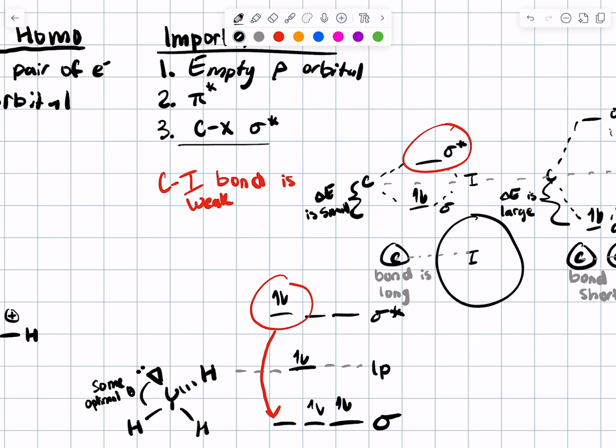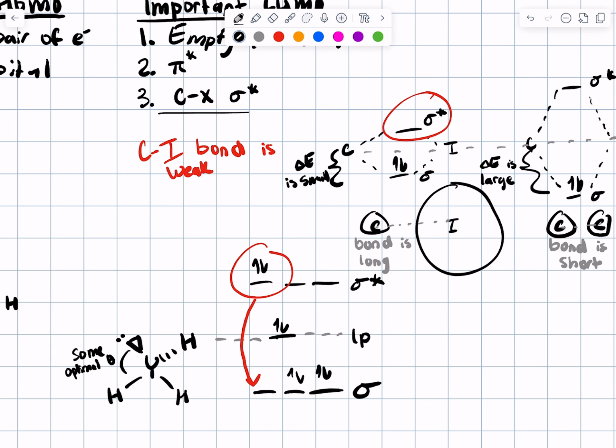I think the point is just that if you've already ruled out items 1 and 2 on this list, which Nate hasn't talked about yet, then the only thing the LUMO could be would be a sigma star. So which sigma star should be lowest in energy? The answer is the one associated with the weaker bond, because that's what a weak bond means.